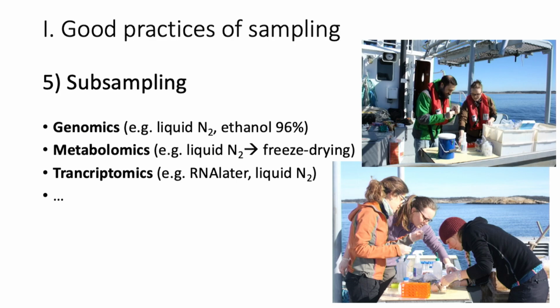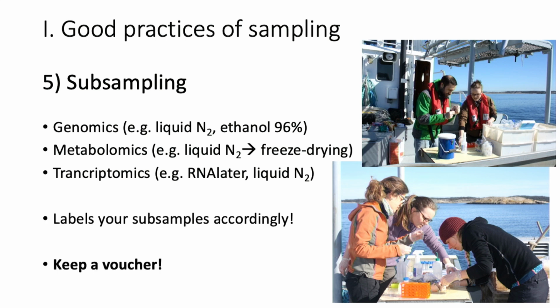But for every one of those, you will want to use maybe different types of fixation, from liquid nitrogen to RNAlater to freeze drying. Of course, when you subsample, please keep track of all of your samples and label the subsamples accordingly. It's very important to keep track.